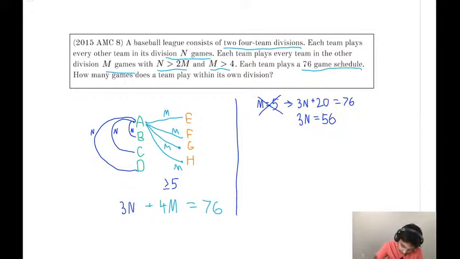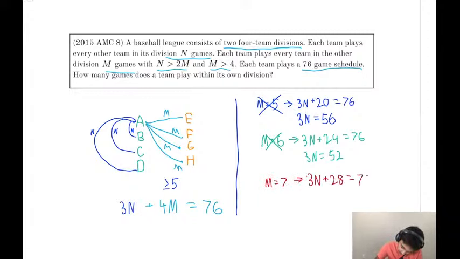The next case is m equal to 6. That's just going to be 3n plus 24 equal to 76, which means 3n equal to 52, which again has no solutions. And the final case is m equal to 7, which is 3n plus 28 equal to 76, which means 3n equal to 48, which means n is 16.